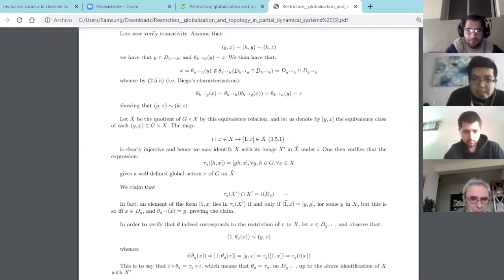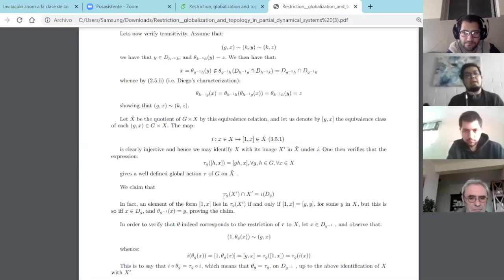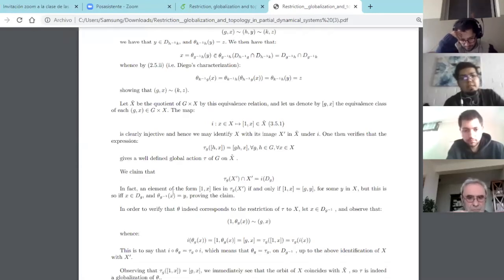And what this tells us is that actually tau is a globalization of theta, our original partial action. Recall that this is what we ask for the domain to be. So in fact, an element of the form (1, x) lies here if and only if there is a G acting here.